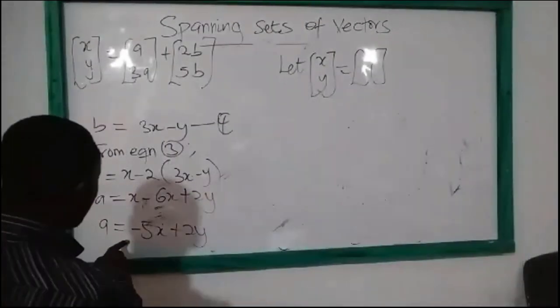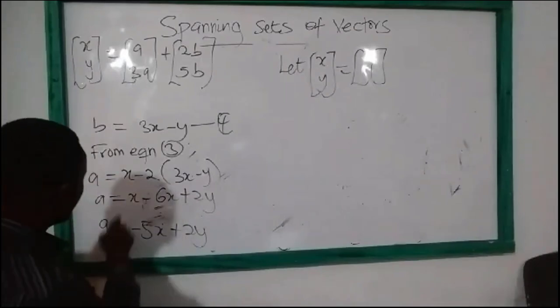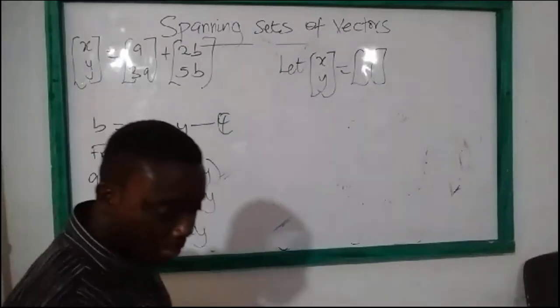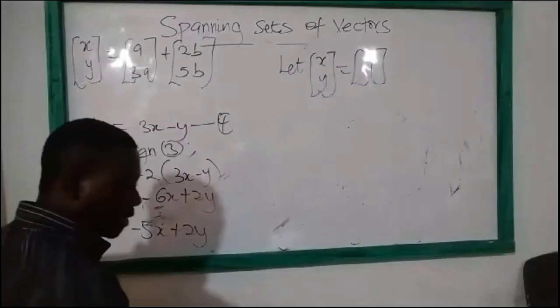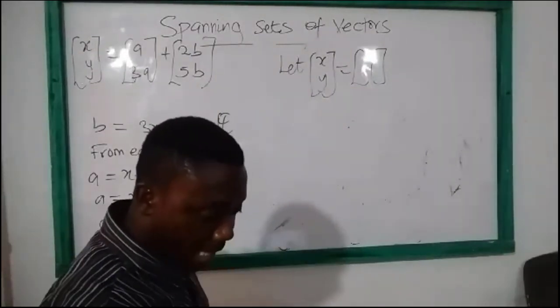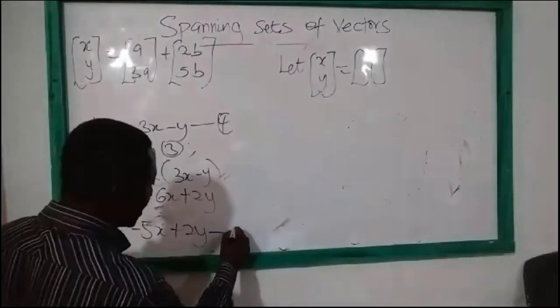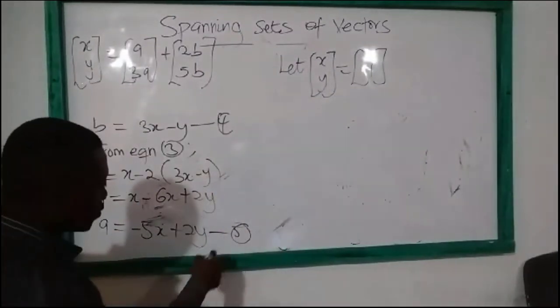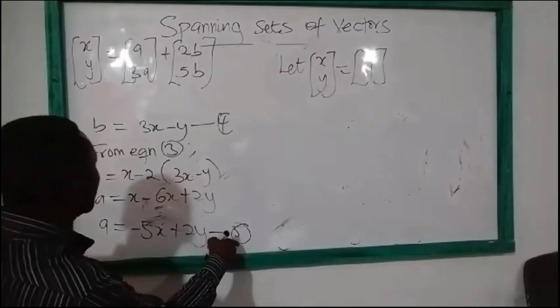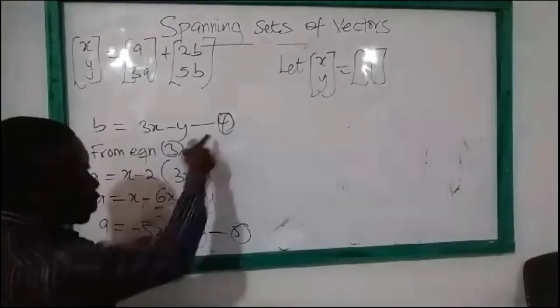So you go back to the values for A and then B, and then you substitute the numbers you have chosen to represent X, Y. So let me make this one equation 5, so that we will now use it. Equation 5, and then the B is equation 4.